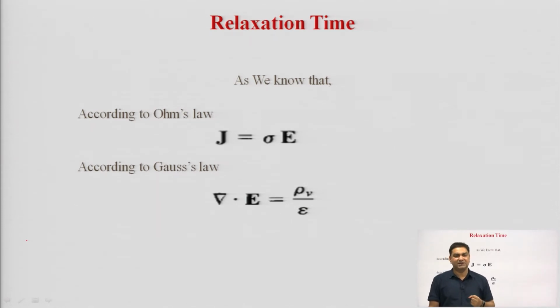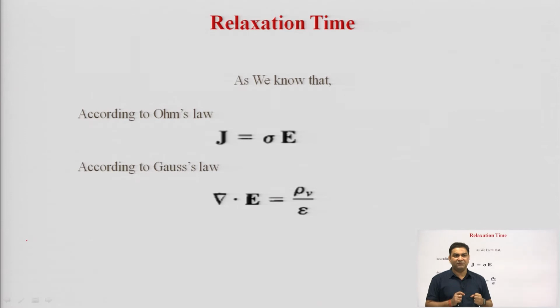the relaxation time. How? As we know, according to Ohm's law, J is equal to sigma E. Current density is equal to sigma E, where sigma is the conductivity and E is the electric field intensity.